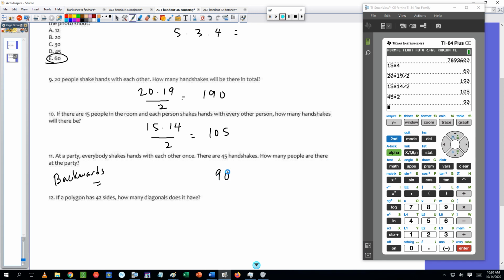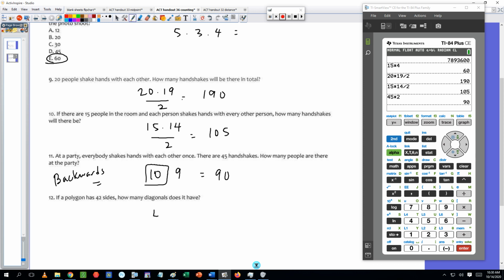In order to get 90, I'm thinking of a couple of numbers that when I multiply them together, they got to be side by side. I'm thinking 10 and 9. 10 people were at the party. They shook hands with 9 people. Your answer is 10.